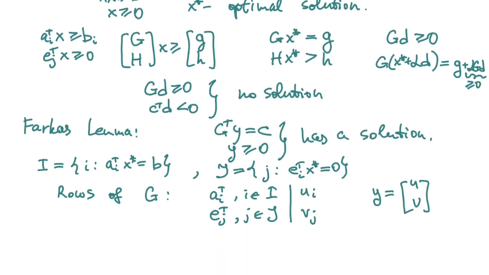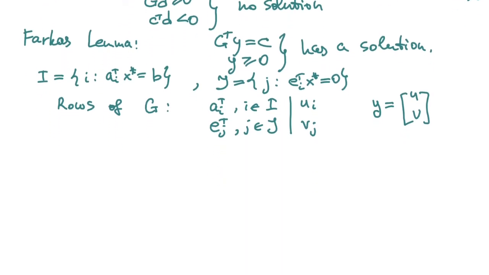So now, using these new notations, we can rewrite our system as follows. So we have G transpose times y. Now for G transpose, the columns will consist of a_i's and e_j's, right? And then the entries of y corresponding to the columns given by a_i's will be given by u_i's, and the entries of y corresponding to the columns given by e_j's are v_j's.